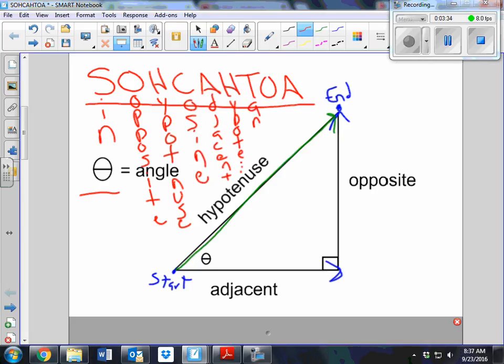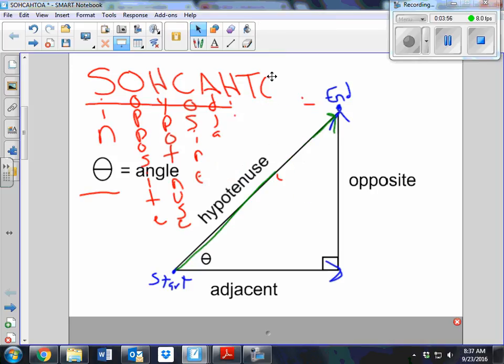And then we use tangent, which is the opposite side over adjacent. Okay, so that's what each of those things mean. So sine is opposite over hypotenuse, cosine is adjacent over hypotenuse, and tangent is opposite over adjacent.